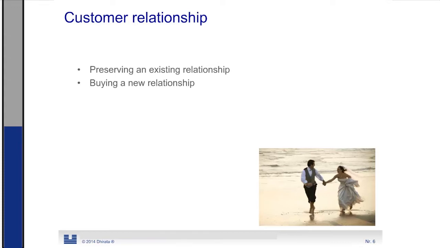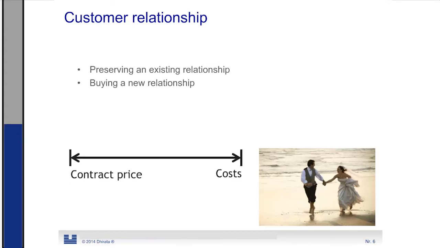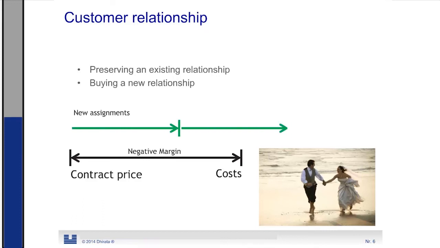In this situation, we have a contract price and costs that exceed the contract price. There is a negative margin. But the business case for doing this project is that we believe that in the future we can get new assignments, so that in the long run this decision actually is a positive business case.